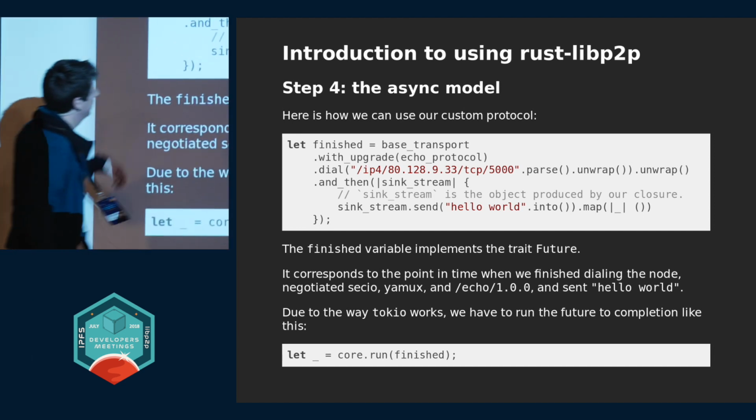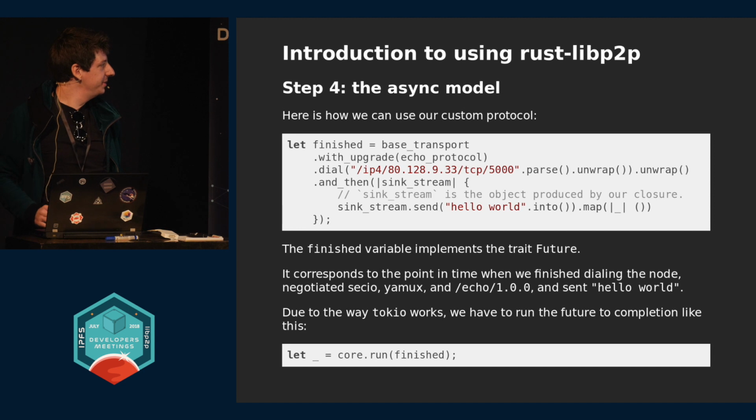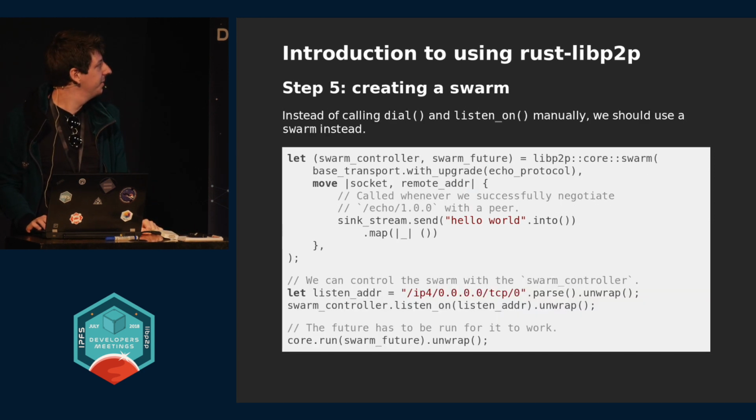It implements a trait named future, and in order to make this work, we have to call core.run finished. Core is the Tokio event loop that we created at the very beginning. Sorry, it's a consequence also of using Tokio.